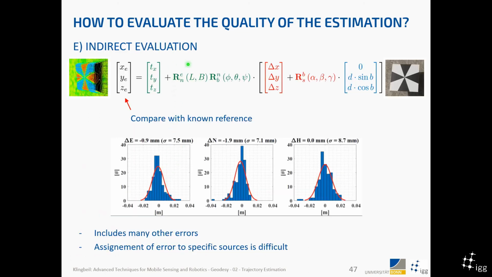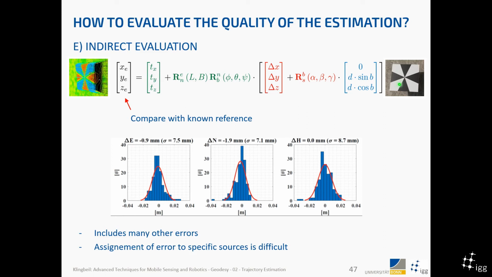The last thing I want to mention, on how to evaluate the quality of the estimation, is an indirect evaluation. If we have these targets here, where the point in the middle has a known coordinate, then our georeferencing equation of our laser scanner will create a point cloud of that target within world coordinates.